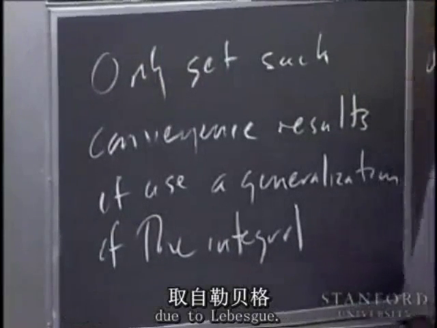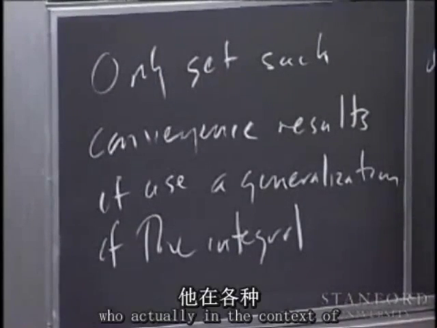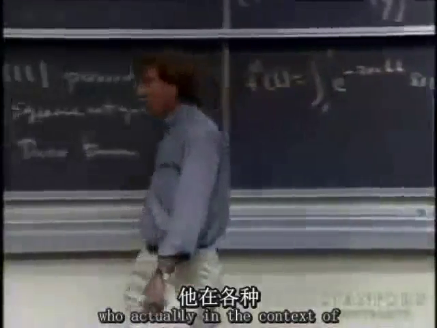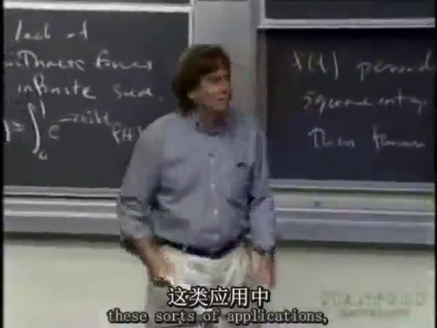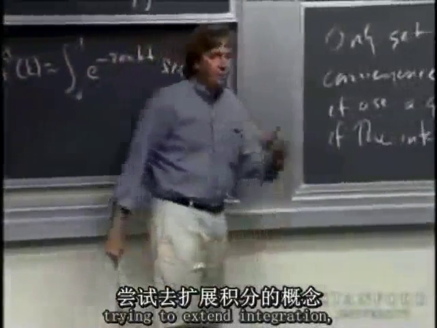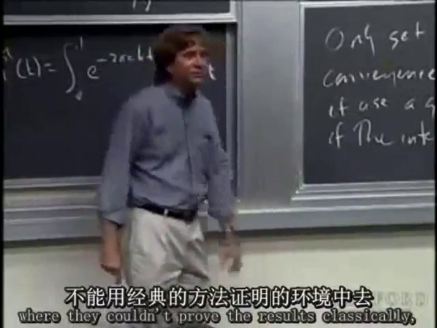He's a French mathematician around the turn of the 20th century who, in the context of these sorts of applications, was trying to extend integration, trying to extend limiting processes to more general circumstances where they couldn't prove the results classically.